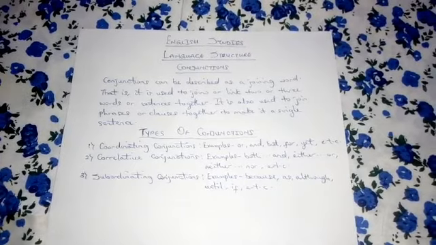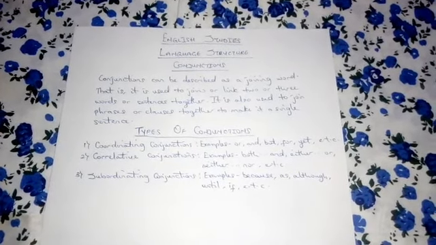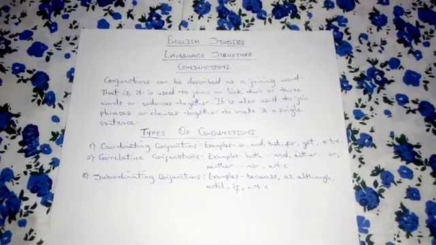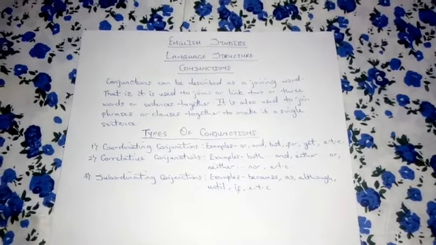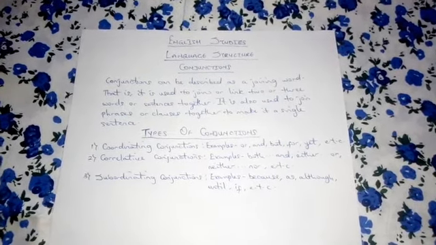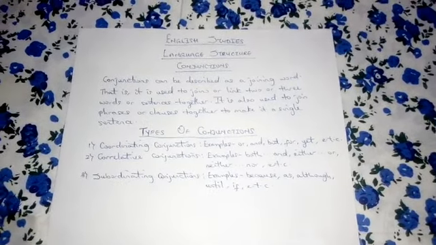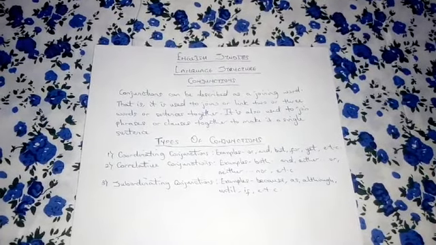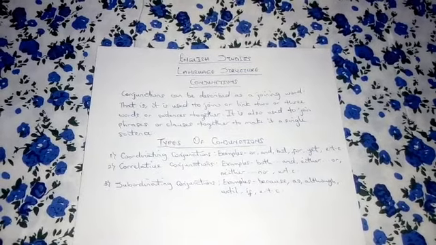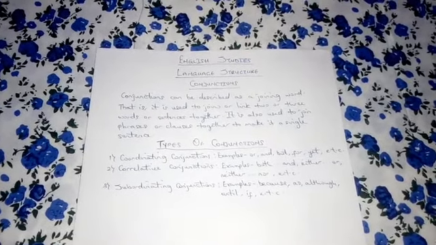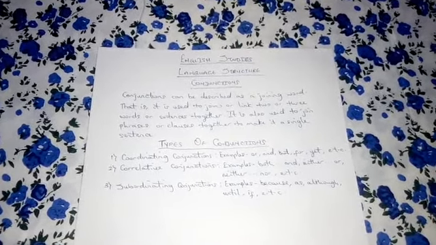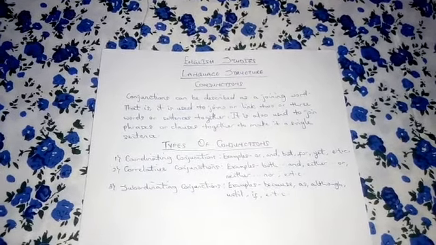When I say equal in status, I mean they are used to join independent clauses together. An independent clause is also known as a main clause. Main clauses are clauses that can stand on their own. That is, they make real meaning on their own.